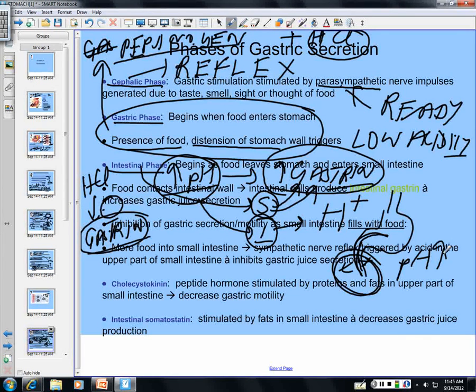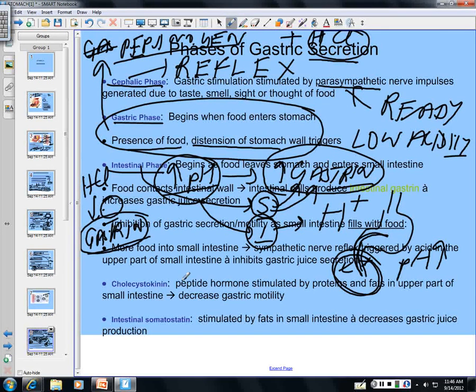So a break is necessary. And how is this break created? This break is created by a reflex called the enterogastric reflex, which is triggered by the presence of acid in the upper part of the small intestine, which inhibits gastric juice secretion. You have to inhibit the gastric juice secretion, which includes HCl, pepsin, etc.